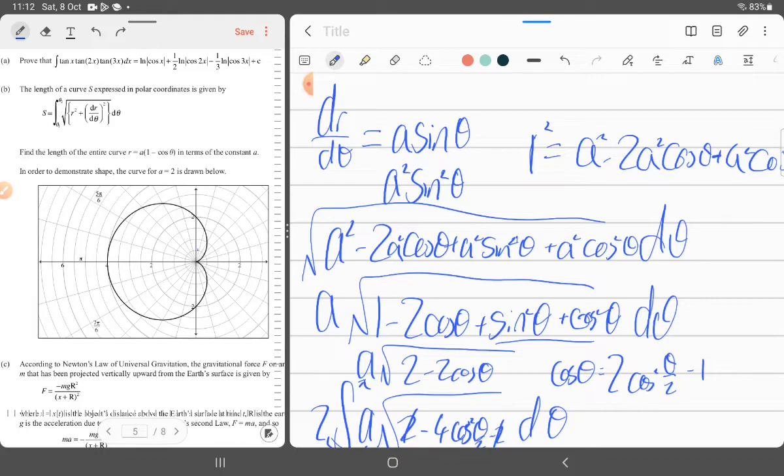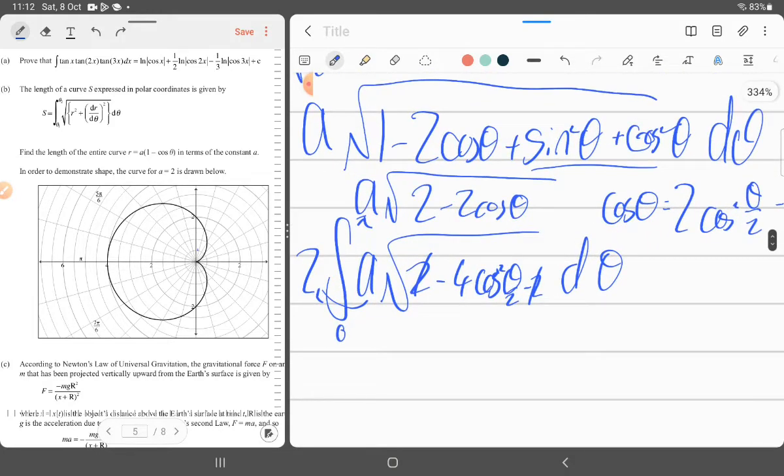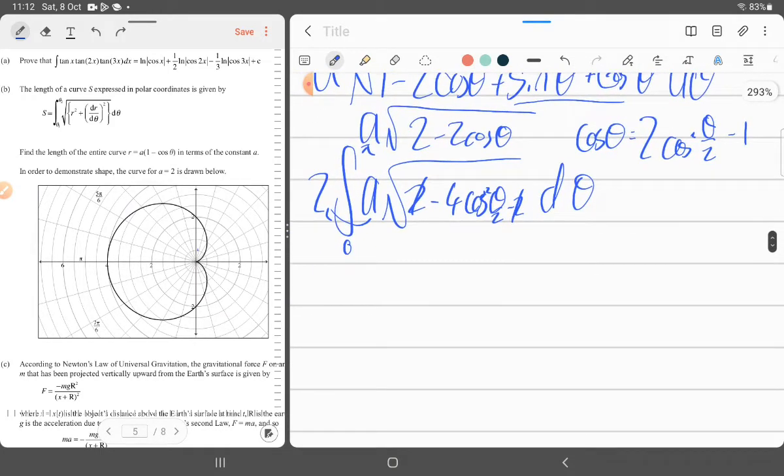It's just 1 take away cosine theta, square root of that.